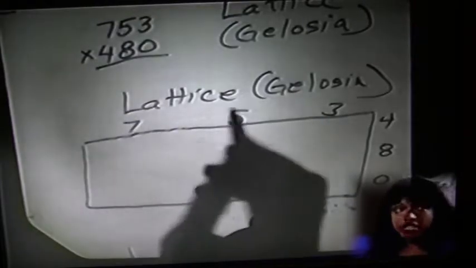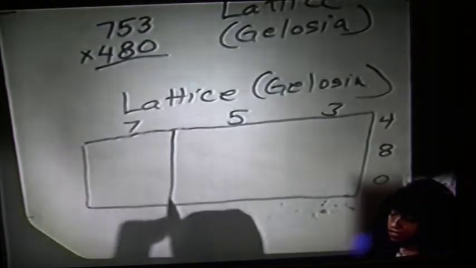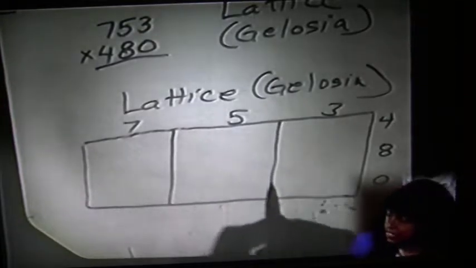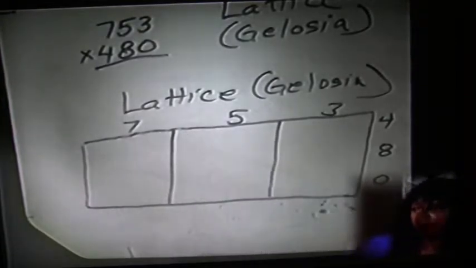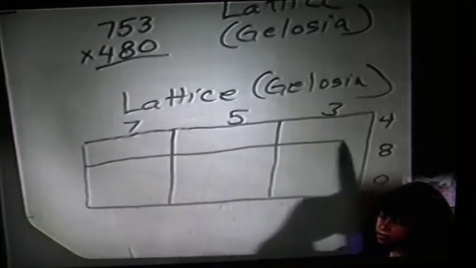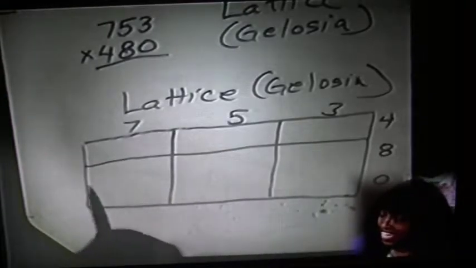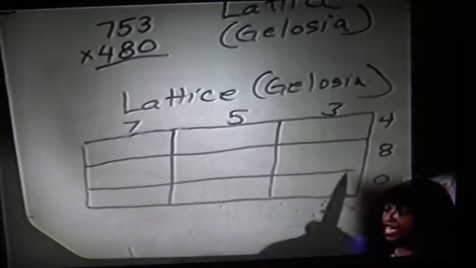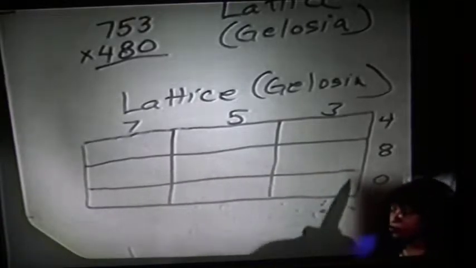Now, each number needs a box. 7 needs its own box, 5 needs its own box, and 3 has its own box. 4 needs its own box, 8 needs its own box, and 0 needs its own box.